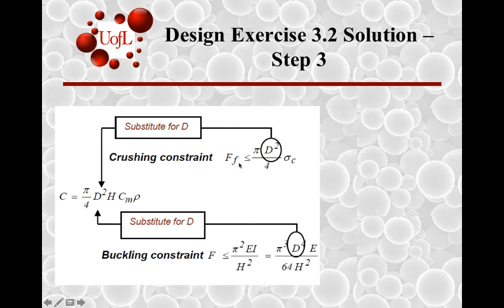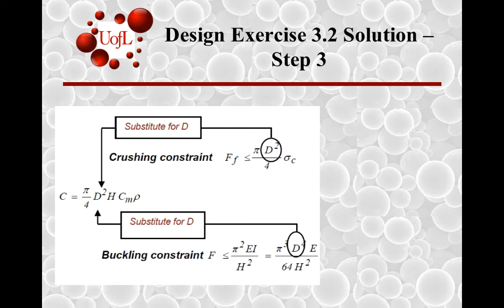And so the failure force should be less than or equal to pi d squared divided by 4 times sigma c. In the second case, the buckling constraint, the failure strength F should be less than or equal to pi squared times EI by h squared. If you substitute that for the moment of inertia, you'll get pi cubed d to the power 4 E by 64 times h squared.